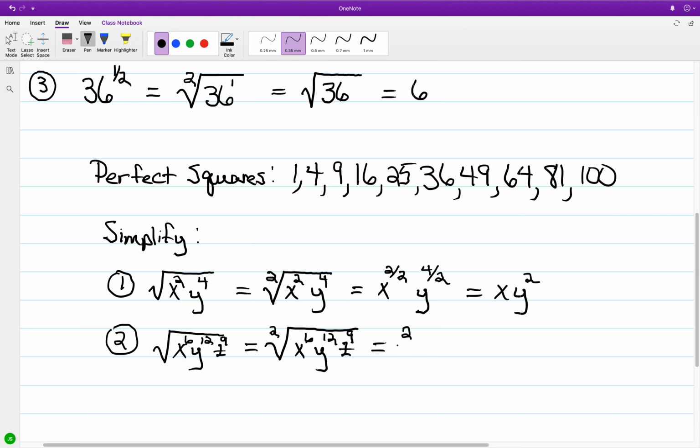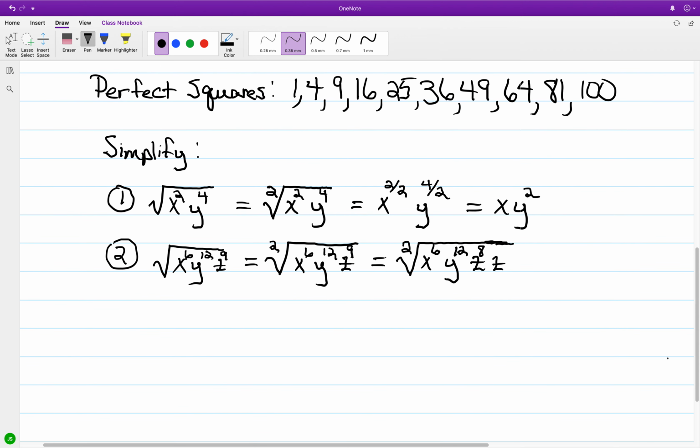Let's say I do what is referred to as a bit of factoring. So you have x to the 6th, y to the 12th, and z to the 9th. Now the highest even power that is under the degree of 9 is just going to be 8.